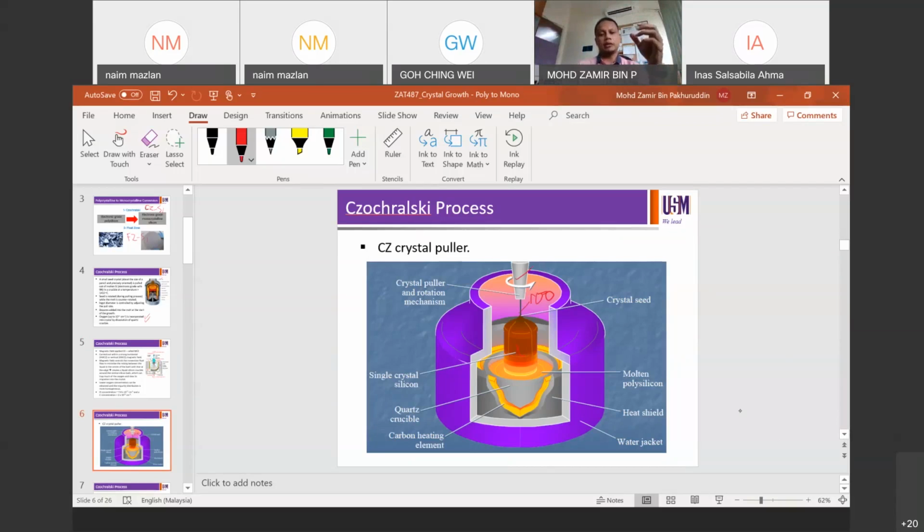What's actually happening is that the liquid melt will cool down when it's pulled out, because it's no longer within the 1400 degrees C ambient, and then the cooling process leads to crystallization. We learned about the crystallization process before.